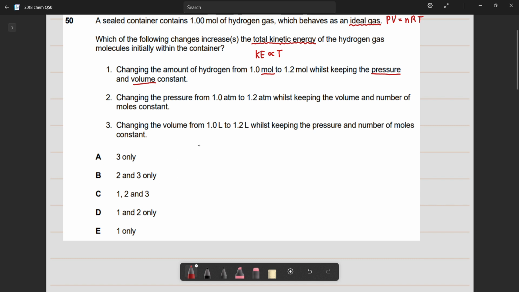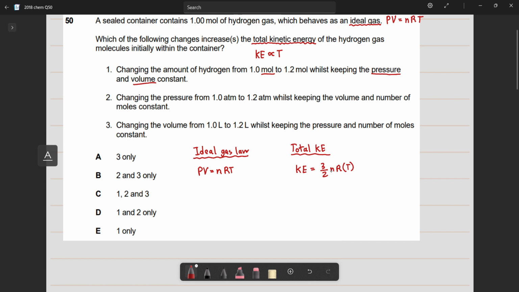So, the ideal gas law: PV is equal to nRT, and for the total kinetic energy, the main expression is KE equals 3/2 nRT, which is exactly the same concept.